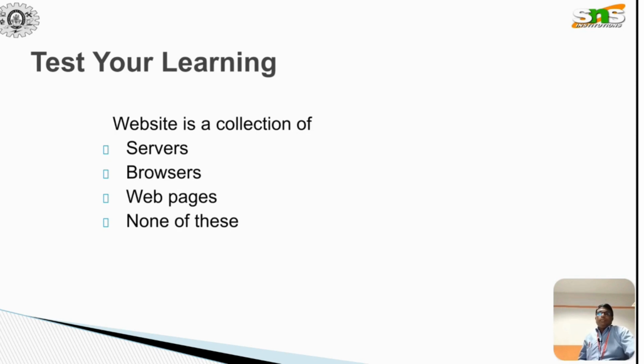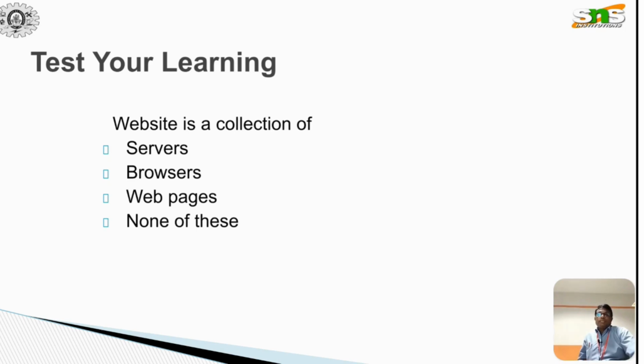Now, test your learning. A website is a collection of servers, browsers, web pages, or none of these. So, to answer this question, check one by one. Website is a collection of servers. Is it right or wrong?